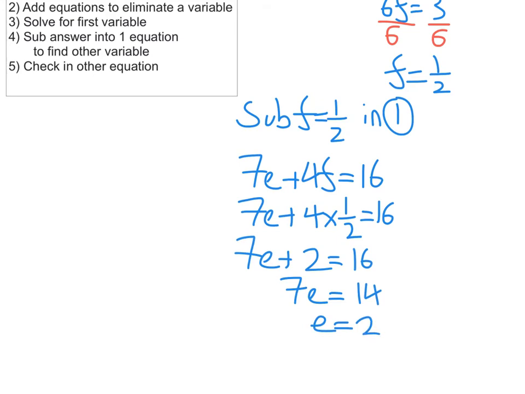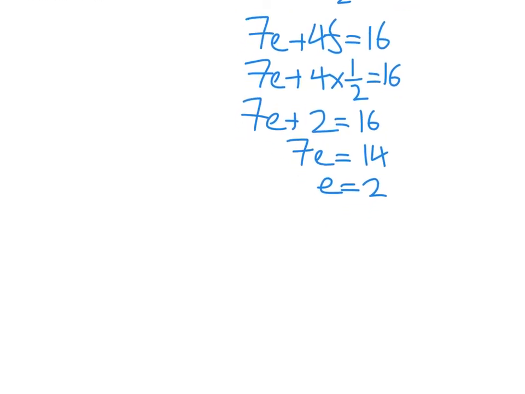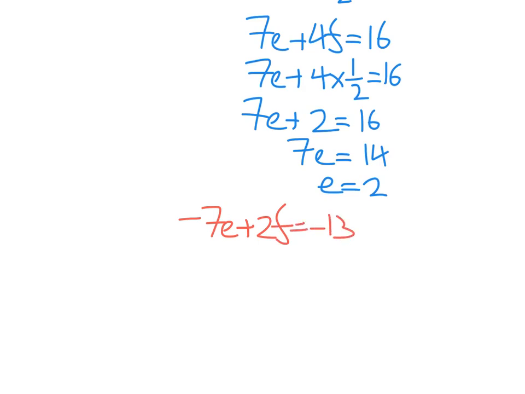So we've got f equals a half, e equals 2. Let's check that in the other equation. Let's give myself plenty of room in here. So the other equation, number 2, was negative 7e plus 2f is equal to negative 13. So substituting e for 2 and f for a half.